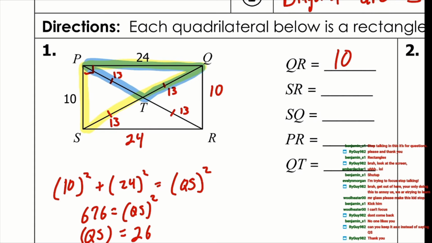You get 10, SR is 24, SQ, which is 26, oh sorry, SQ, yeah, SQ is 26, and then PR is also 26, right? Yeah, and then QT, which is 13.